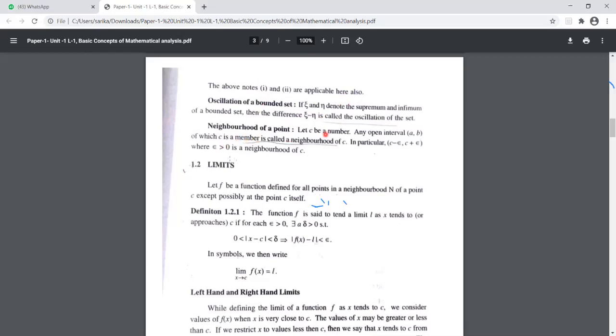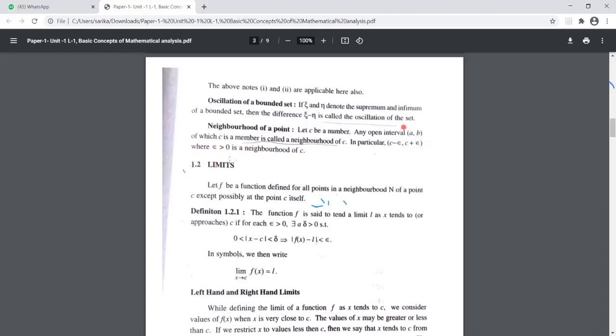Neighborhood of a point. Any open interval (a, b) of which c is a member is called a neighborhood of c. Suppose an open interval (a, b) is there, and in it there is some number c; that interval is called a neighborhood of c.